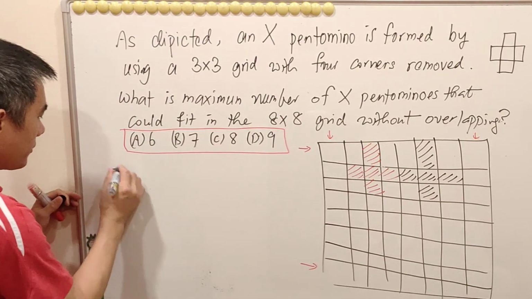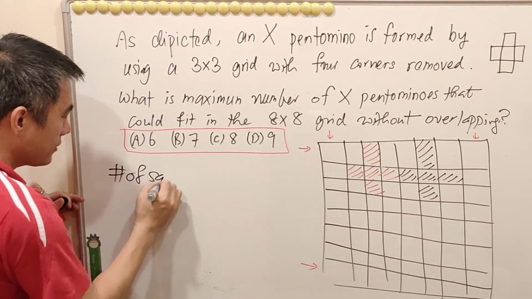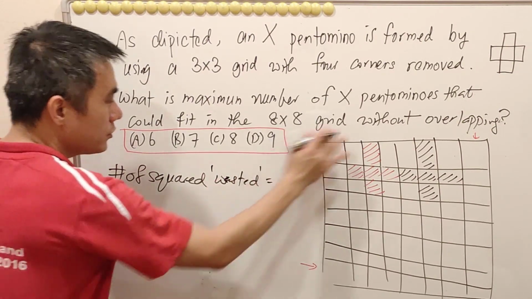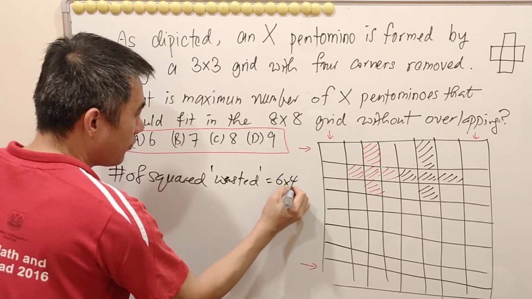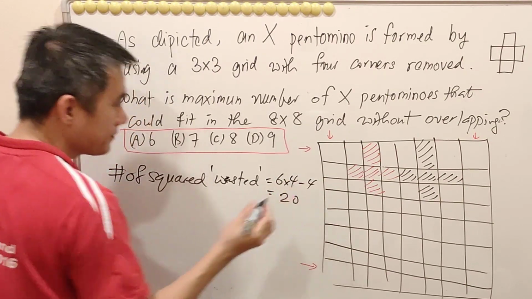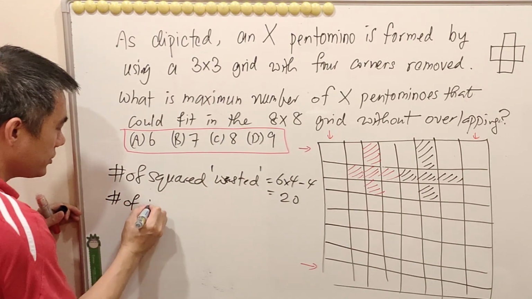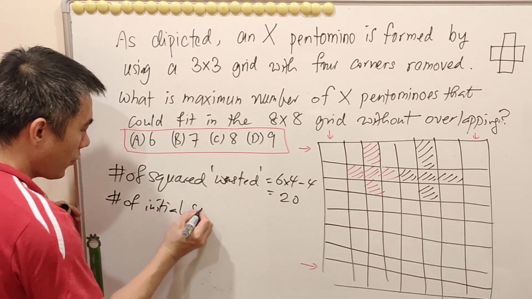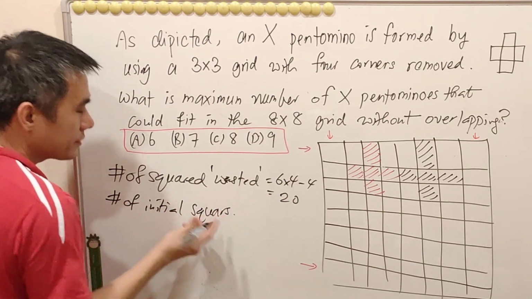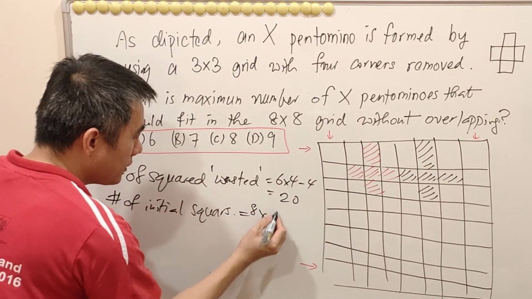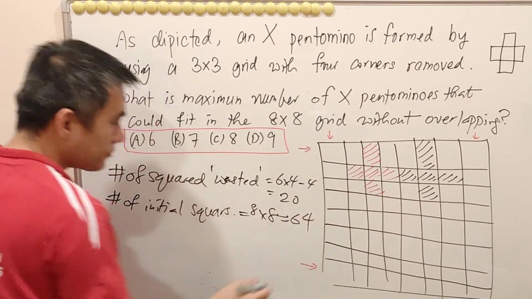Okay, so the number of squares wasted will be equal to 6 times 4 minus 4, that is 20. The initial number of squares, when I say square, I mean a unit square, in the 8x8 grid altogether is 64.